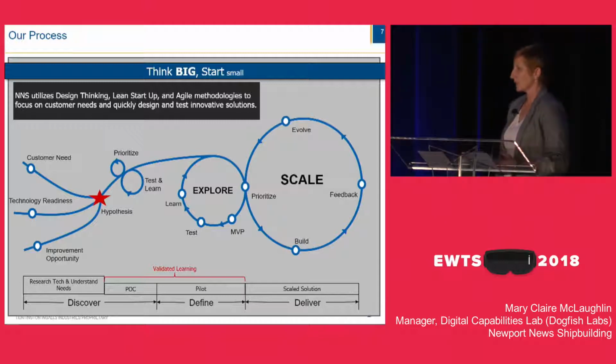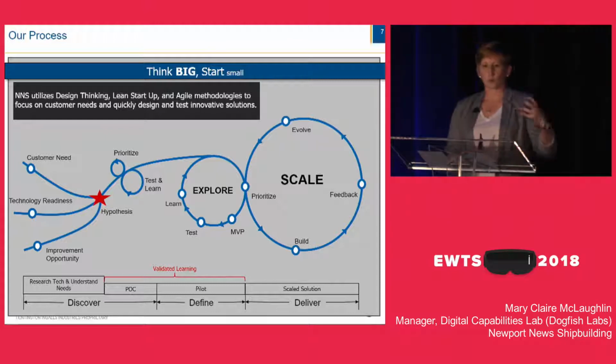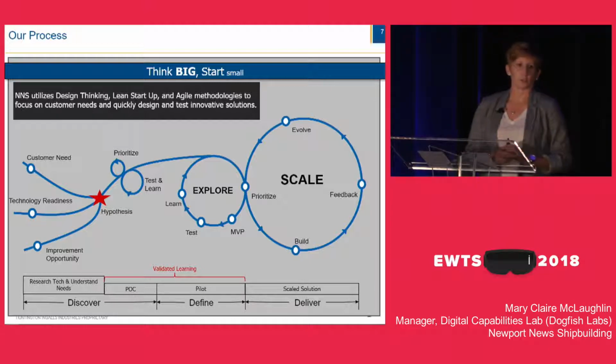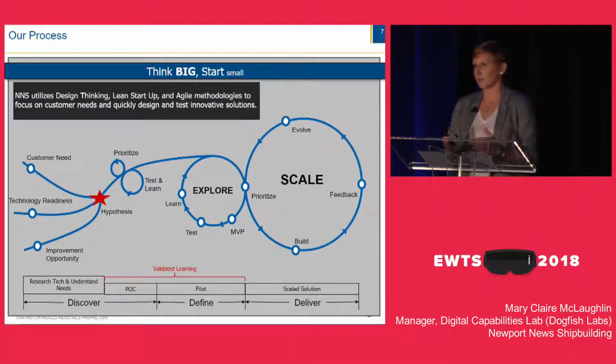We use design thinking very early in our process to bring in the user, to brainstorm quickly, put together prototypes, test them out, and see if they work in the way they should. We also have a dedicated user experience team within the lab, as well as user experience developers on our agile teams, to make sure we are keeping the end user at the center of the solutions we're creating.